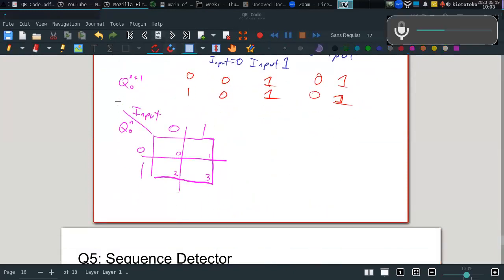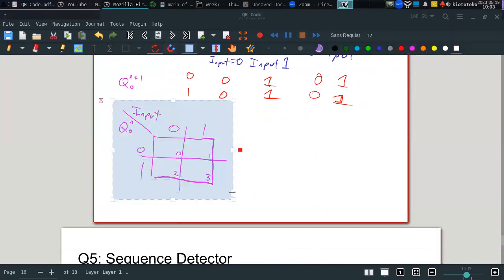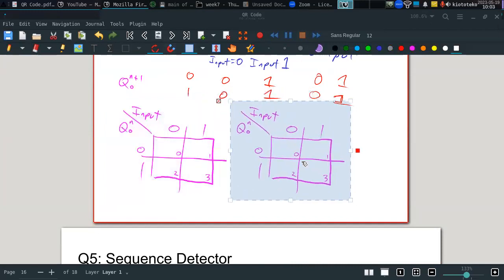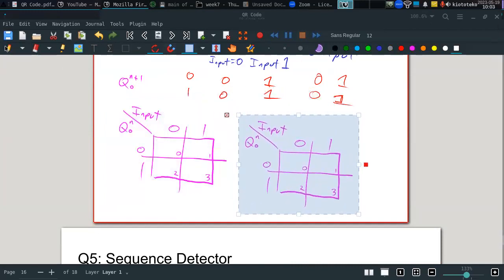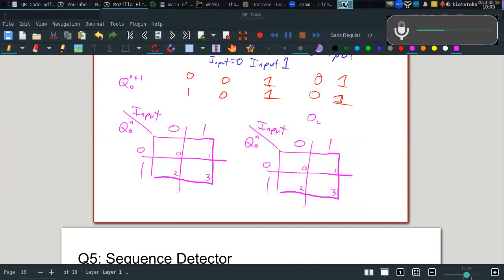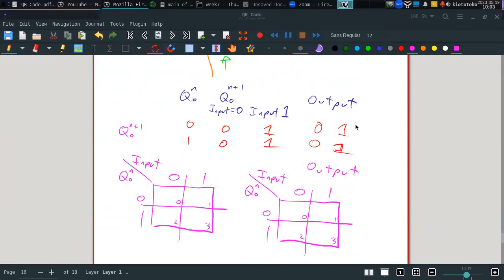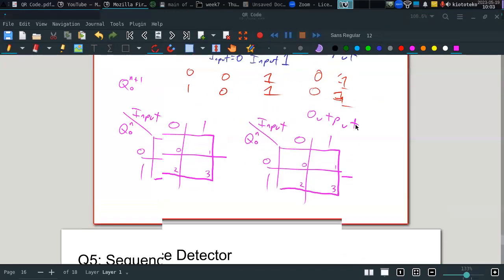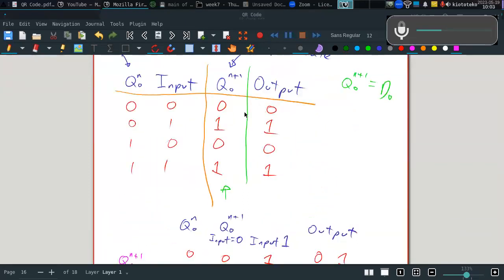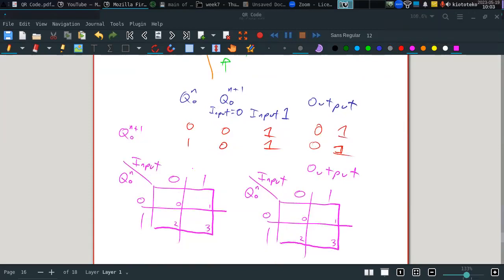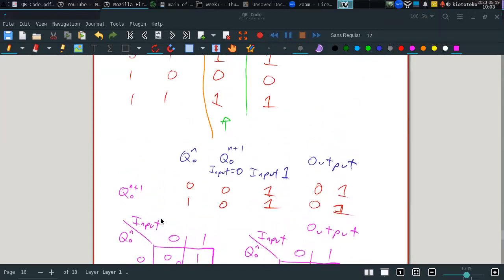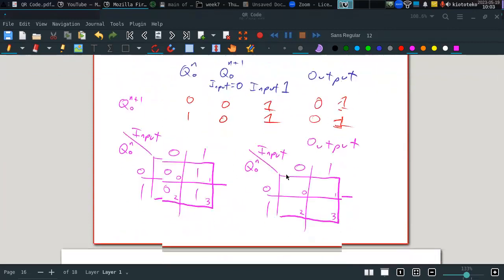So let's copy this table and put it here. This one is for the output. So again, we need to relate the inputs with both outputs, which is the next state and the real output. We need to check the minterms. So it's in 1 and 3, and the rest are 0. And what does the output say? 1 and 3.